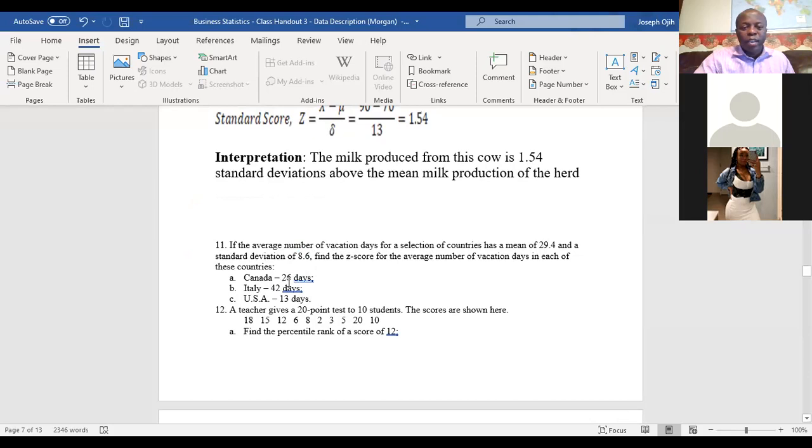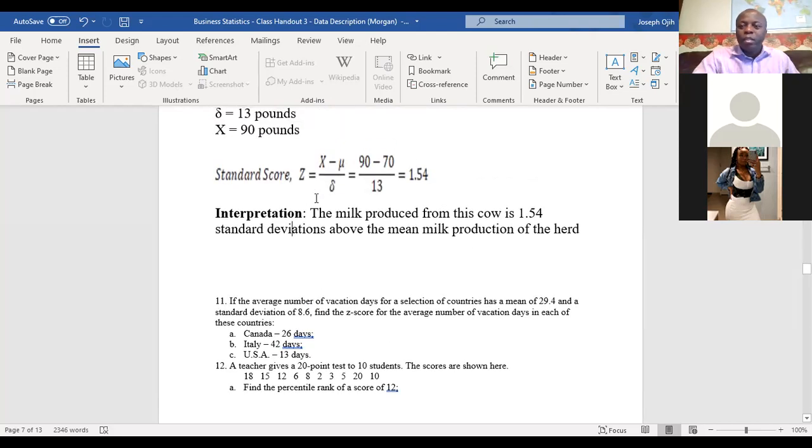For Canada, x is 26. For Italy, x is 42 days. And for the USA, x is 13 days. You just plug them in with your mean and standard deviation, and you get your answer. You can practice some of the examples in the course textbook and handout. The method we use here is still the process.